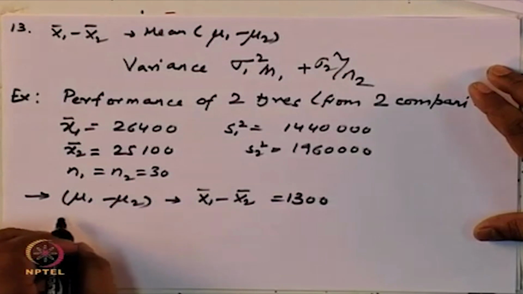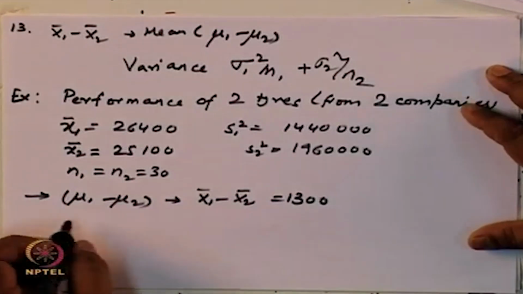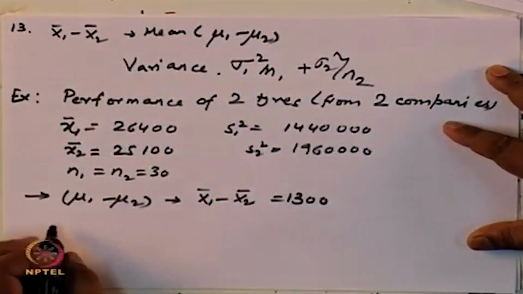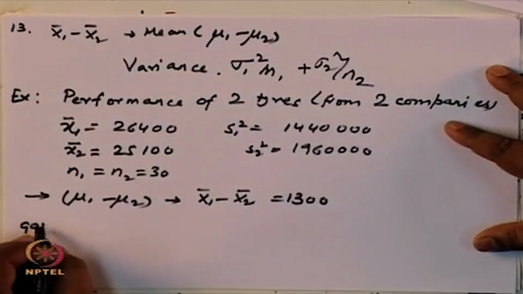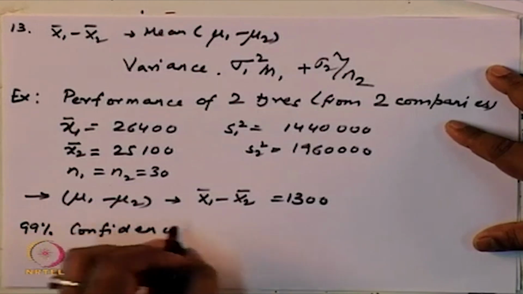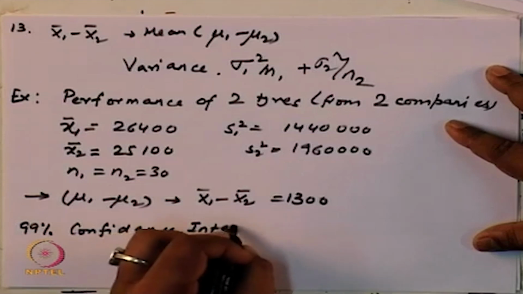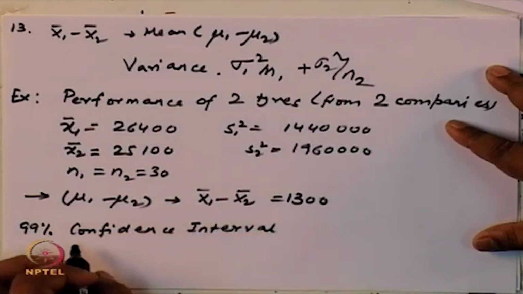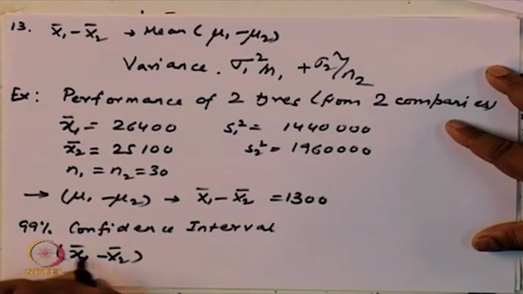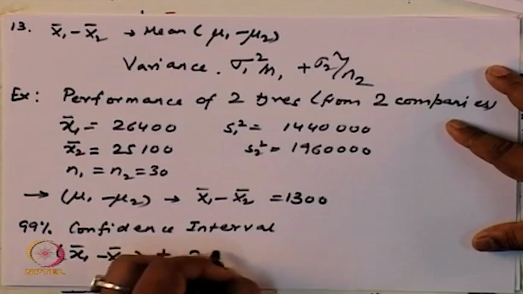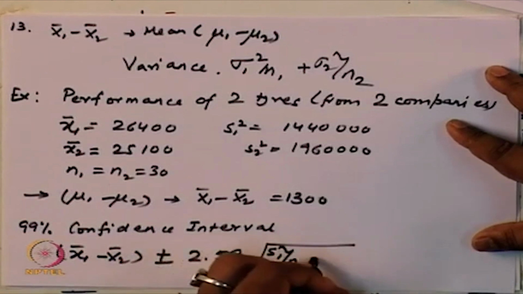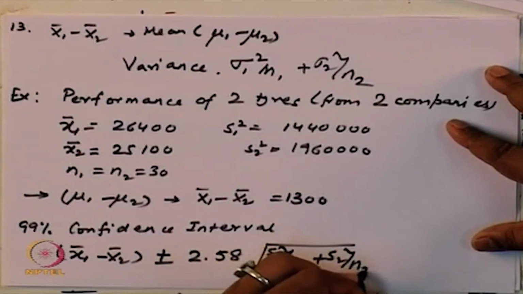And you can also calculate the square root of this quantity as the standard deviation, and you can calculate the 99% confidence interval, which is given by x1 bar minus x2 bar plus or minus 2.58 times root of s1 square by n1 plus s2 square by n2.